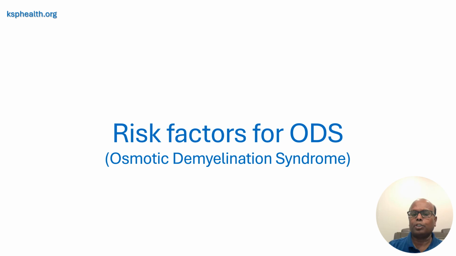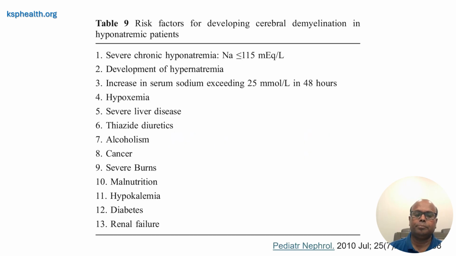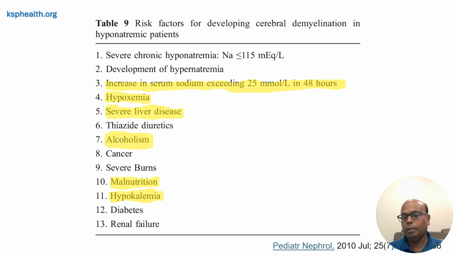So what are the risk factors for osmotic demyelination syndrome? There are 13 of them. I wanted to highlight the most important ones. One is rapid correction of serum sodium exceeding 25 in 48 hours. That means 12 per day.